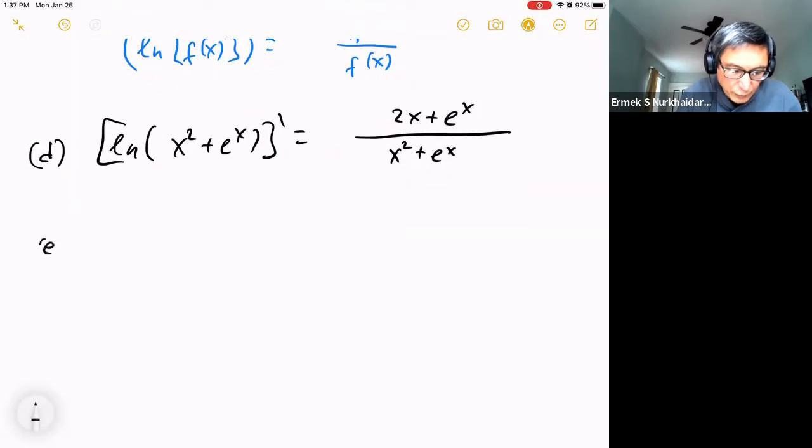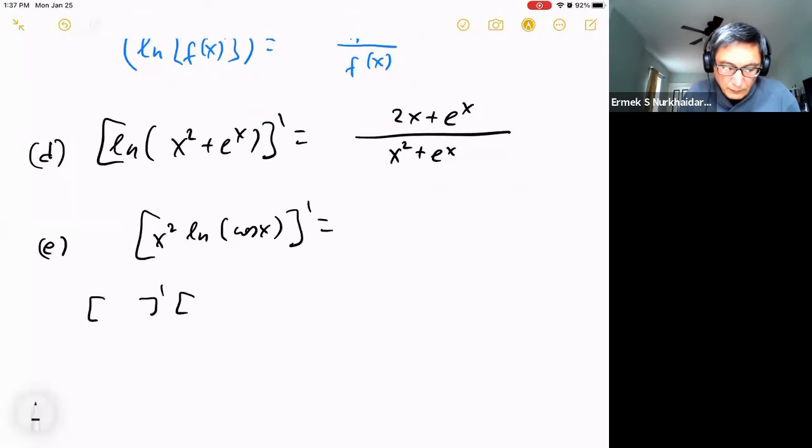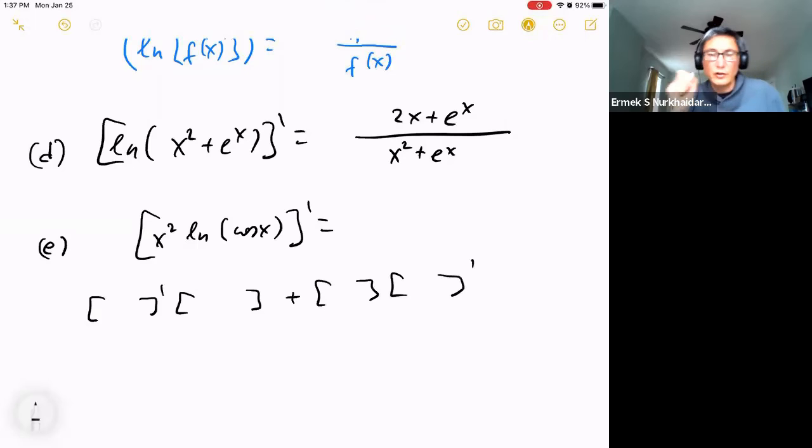Say I will do an example with product rule. If I want to do x squared times ln of cosine x, I'll do product rule. That's my scheme for product rule. In the first brackets, I'll put x squared. In the second, I'm going to put ln of cosine x.